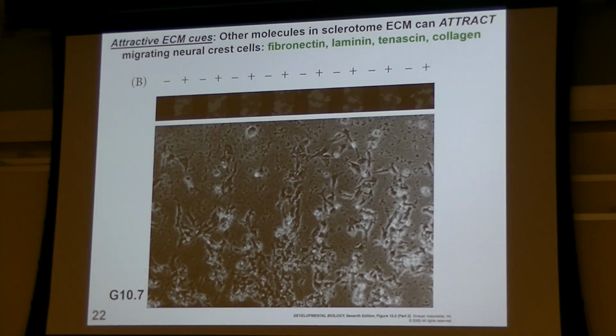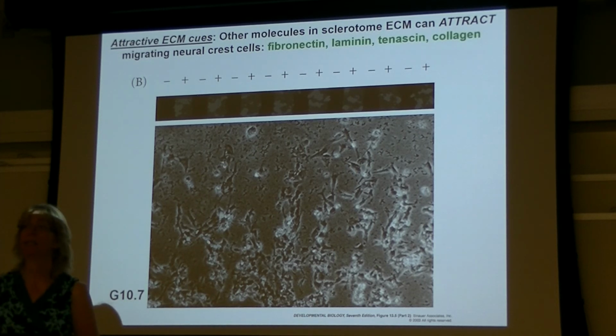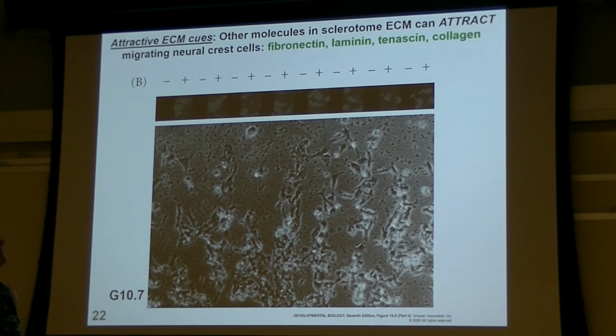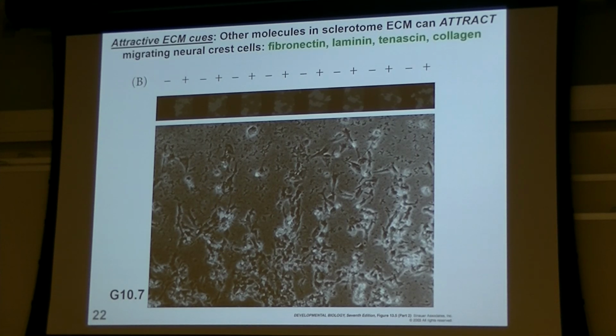There are several positive cues as well. And this is a little assay where they've taken basically a petri dish and put some extracellular molecules that you might expect to find in an environment of migrating neural crest cells. And they've sort of painted these factors in stripes. So the pluses are stripes where the factor is present, and the minuses are stripes where it's missing. And then they seeded some neural crest cells onto this plate and allowed them some time to migrate.